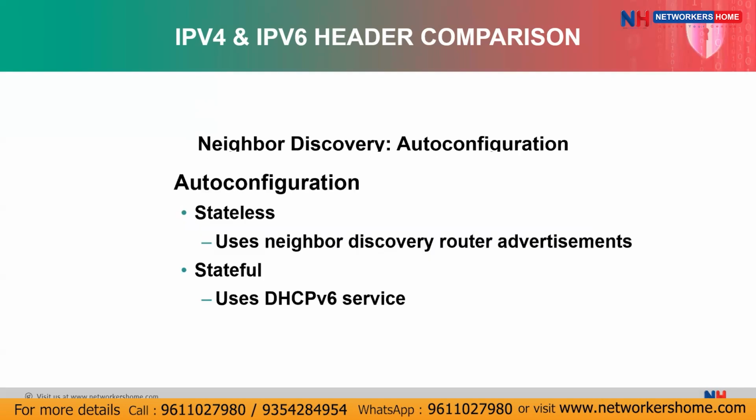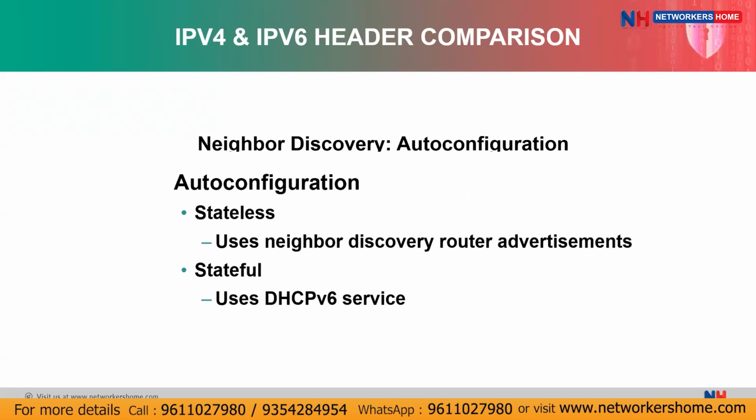Auto configuration is a unique feature which we have in IP version 6. If we have two servers that generate router advertisements, users will get addresses automatically, based upon the preference which we want to set. In that case, the default route is generated automatically. The host can access anywhere. This is stateless.